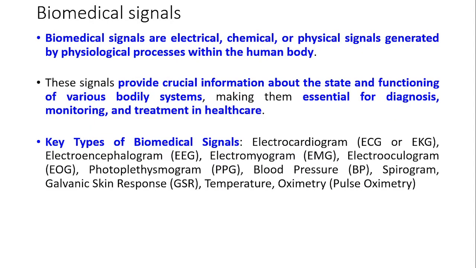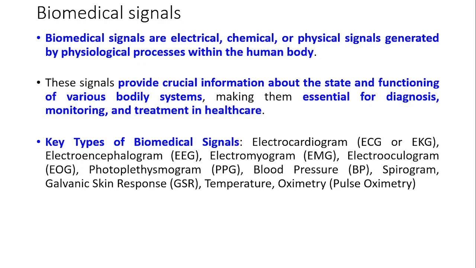Now coming to the biomedical signals. We talked about biological signals, and from there, when you come towards biomedical signals, we are basically coming towards human physiology, or mammalian physiology if you want to make it a broad topic. We are not dealing with any signals from just any biological systems.